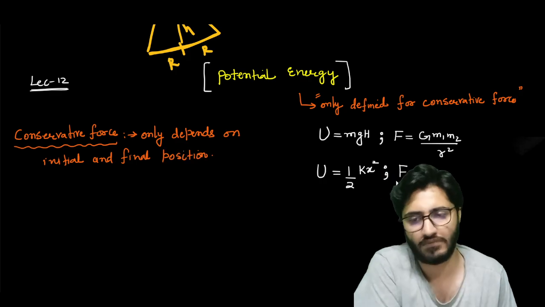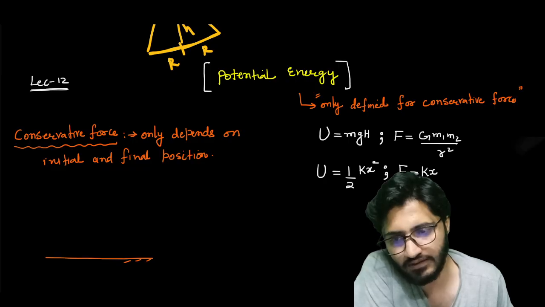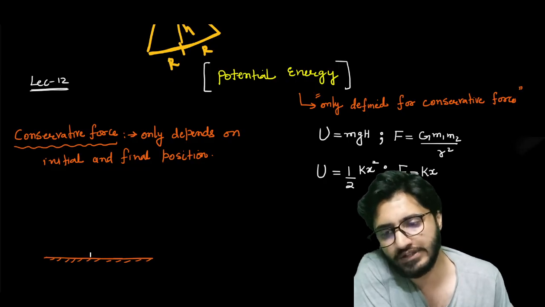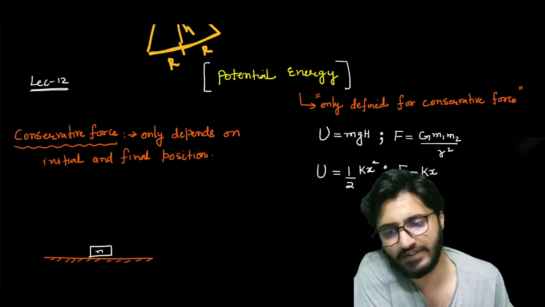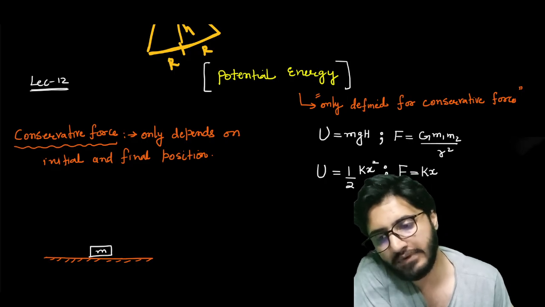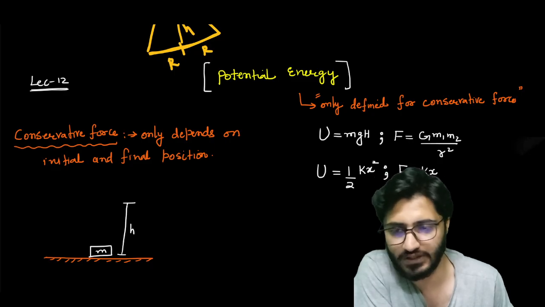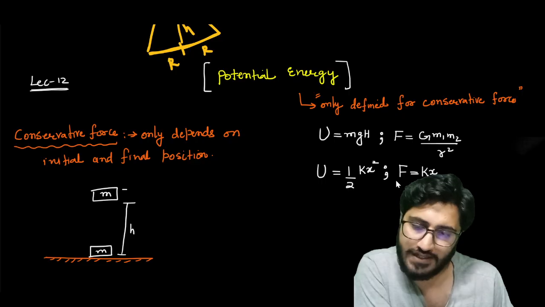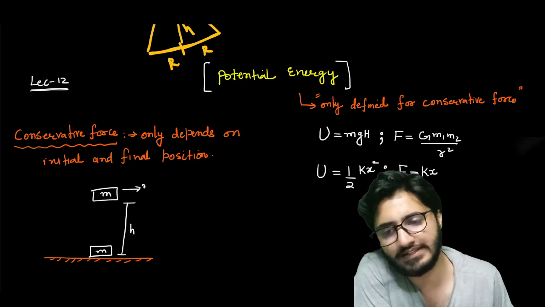Look at it. If we had a box here with mass m, now I am taking this box up to some particular height h. Okay, now my box is here. So what is the potential energy of this box? Sir, it is mgh.